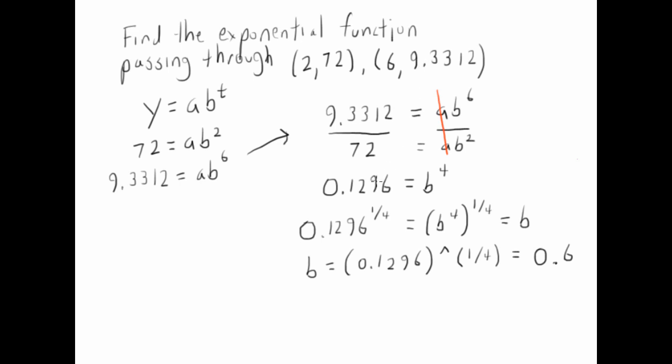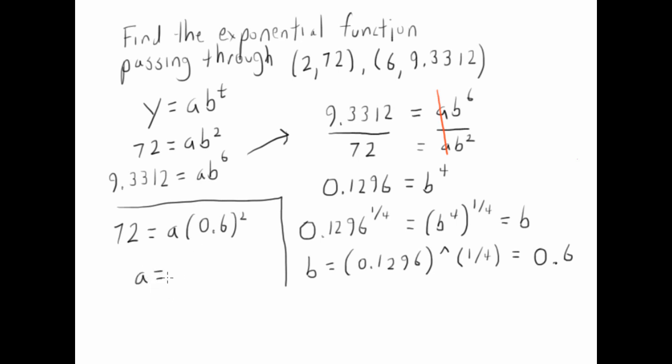The last thing we need to do is find an a value. So the easiest thing to do now is choose one of these two equations and plug in what you know about b. I'll do that over here. 72, I'll use that first equation, equals a times 0.6 squared.